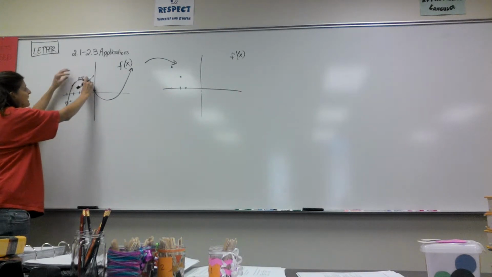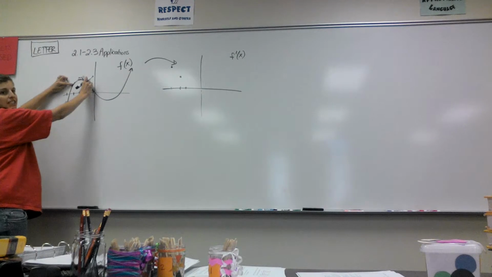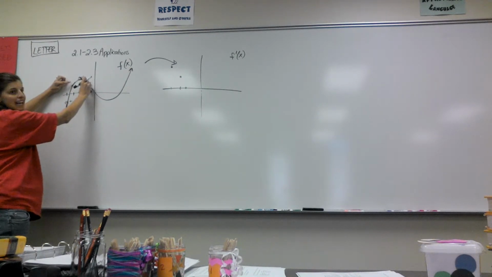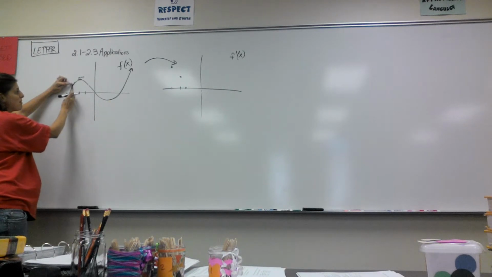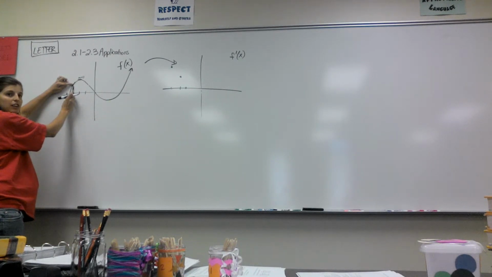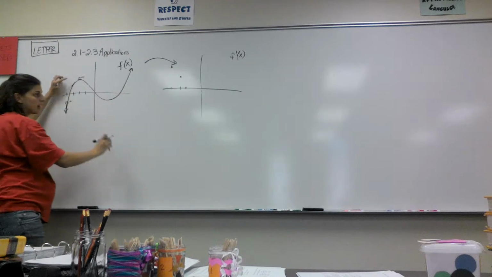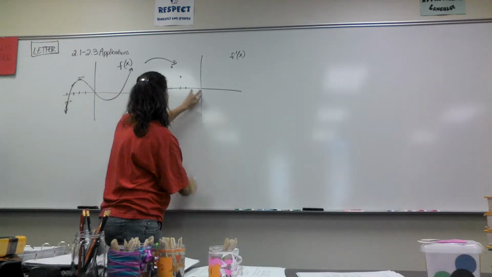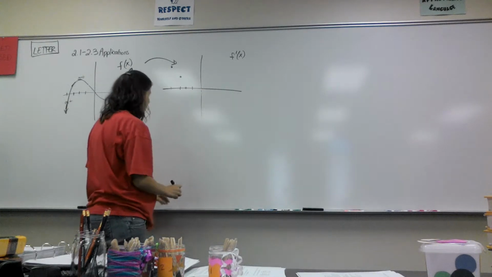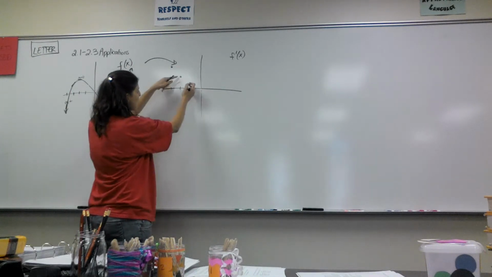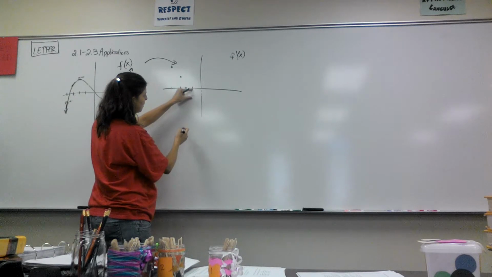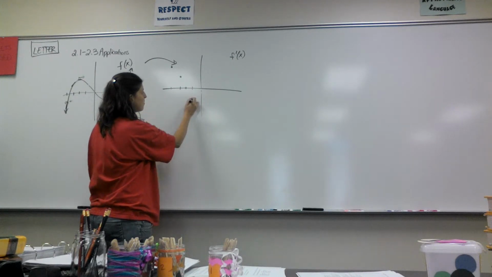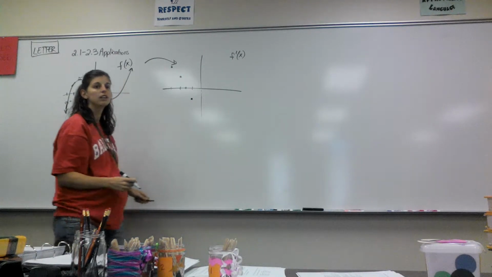And by the way, it's about the same amount negative as this one is positive. So I might want to go as far below the x-axis for this x value as I am above the x-axis for that x value. Okay, so there's my x value. And I might want to go about the same amount below the x-axis as I went above the x-axis before.